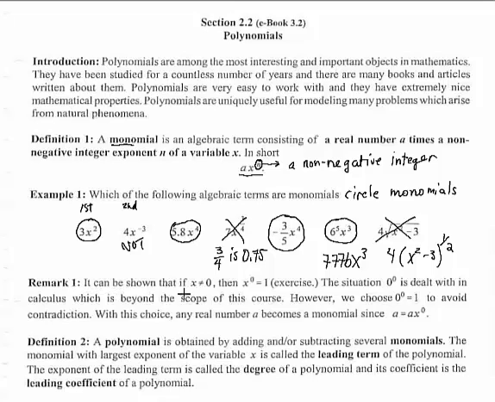So remark 1, it can be shown that if x does not equal 0, then x to the 0 equals 1. We simply run into that situation of something divided by itself.